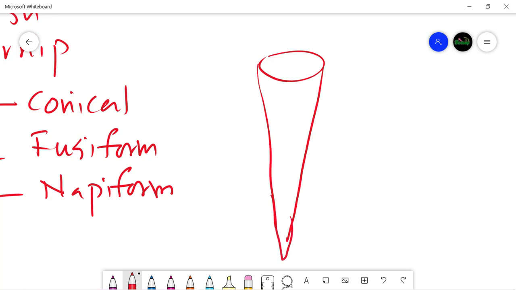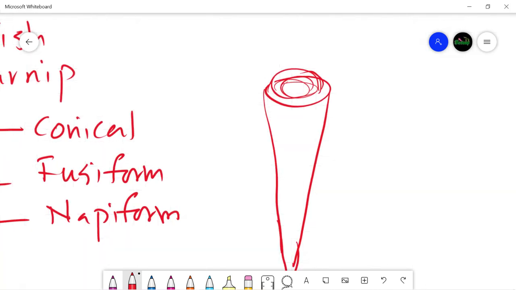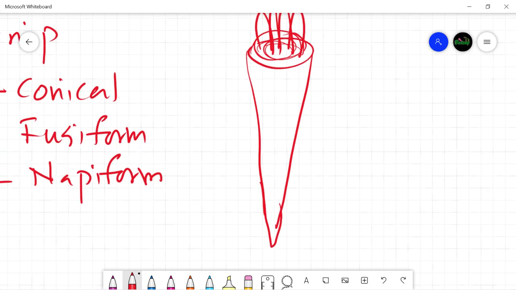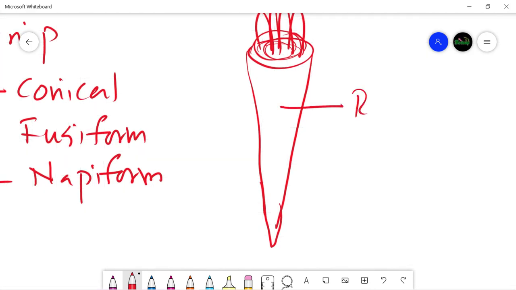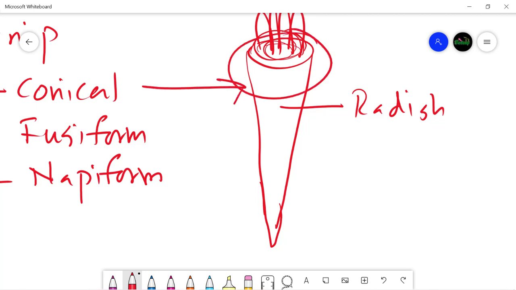It's broad at one end, the upper end, and it gradually tapers towards the other end, and this portion is the reduced stem, and we are going to simply draw the bases of the leaves that have been cut away. This is commonly found in radish. So this is a conical root, broad at one end and gradually tapering, narrowing down at the other end.